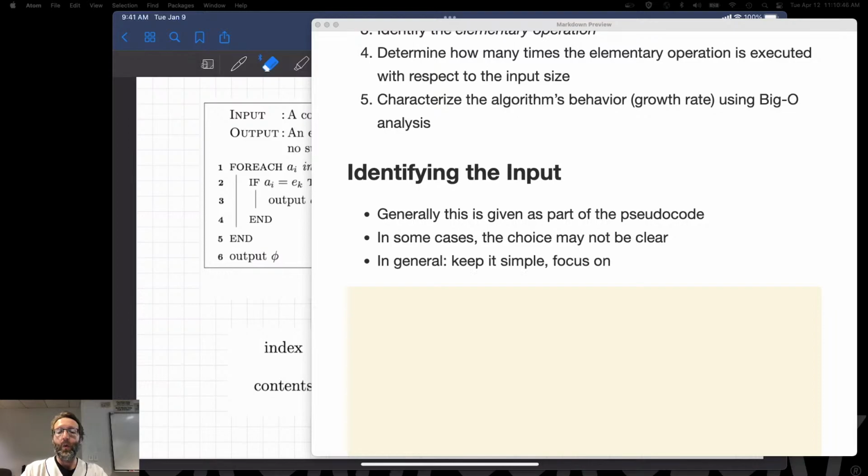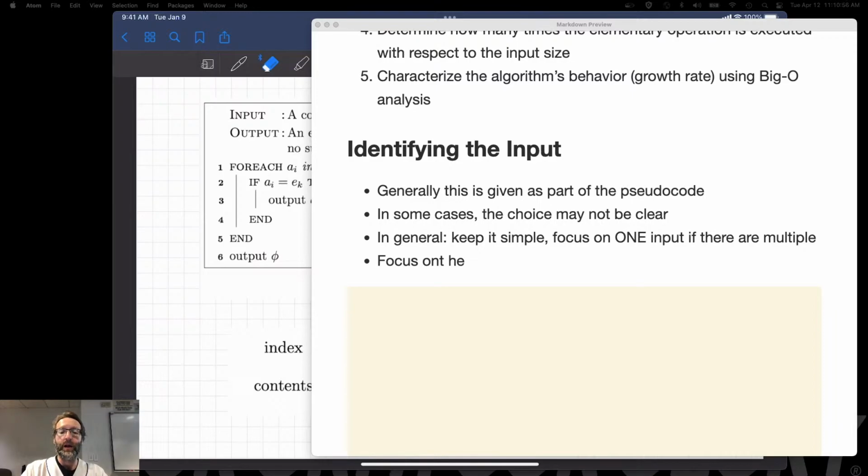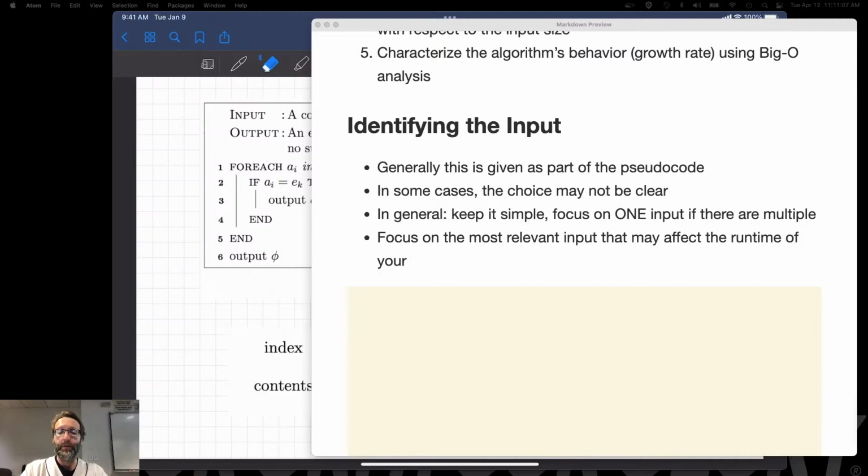Focus on one input if there are multiple. So which one do you focus on? Focus on the most relevant input that may affect the runtime of your algorithm.